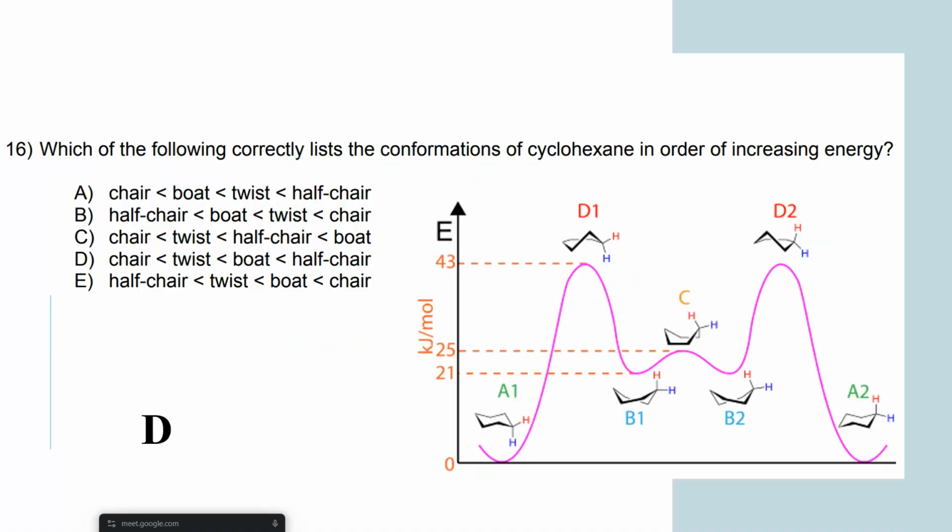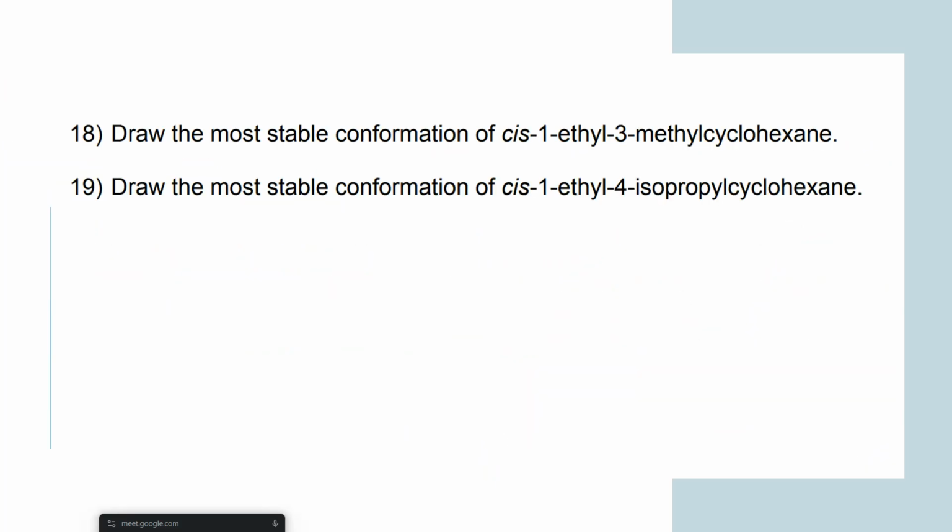Then we went through the energy profile diagram of the cyclohexane ring, and we saw that the chair conformation will have the lowest energy, whereas the half chair conformation will have the highest energy. We had also drawn the most stable conformation of cis-1-ethyl-3-methylcyclohexane and cis-1-ethyl-4-isopropylcyclohexane.